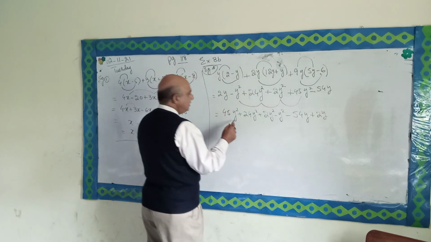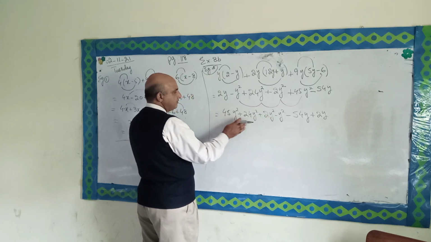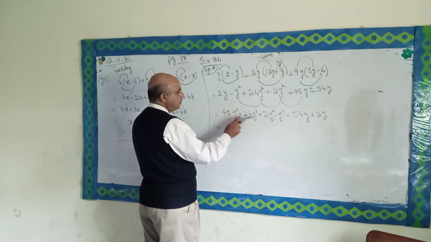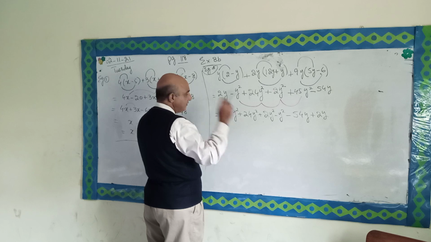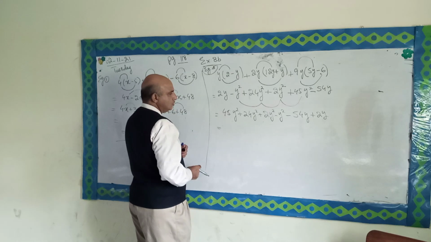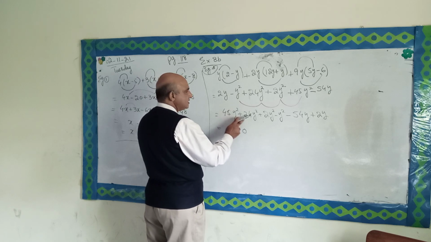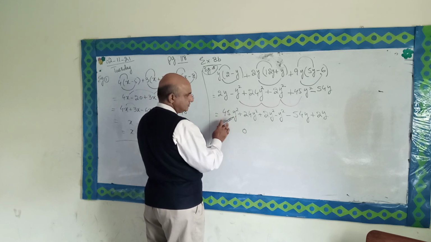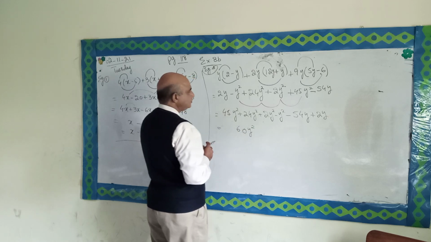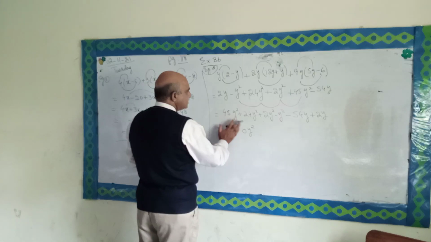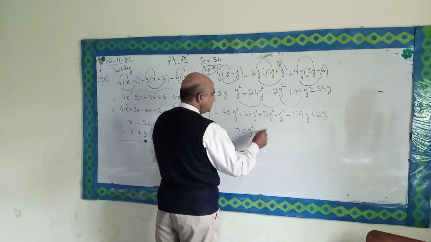So here 45 plus 24 plus 2 minus 1, 45 plus 24, 69. 69 and 2, 71, minus 1, so 70. Yes, sir. It is 70y square minus 52y.